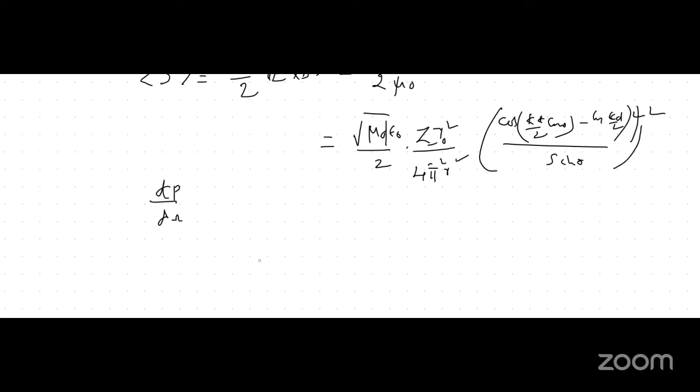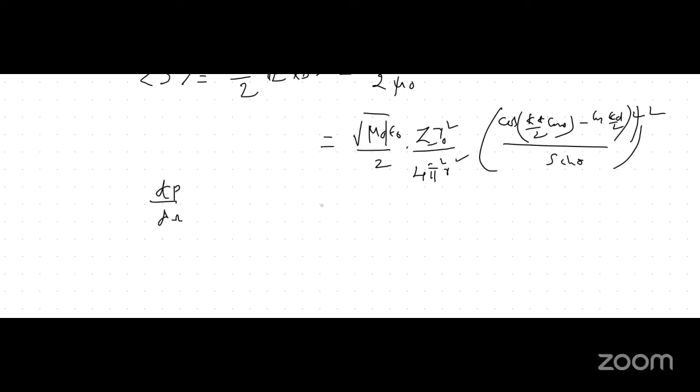For a full wave antenna, dP by d omega gives one value, that is the square root of mu naught by epsilon naught, 8 pi square, I naught square into cos of pi cos theta plus 1, by sine theta, whole square.